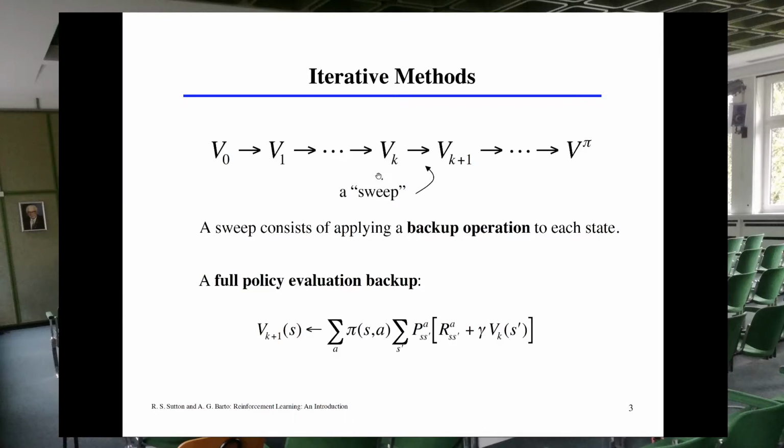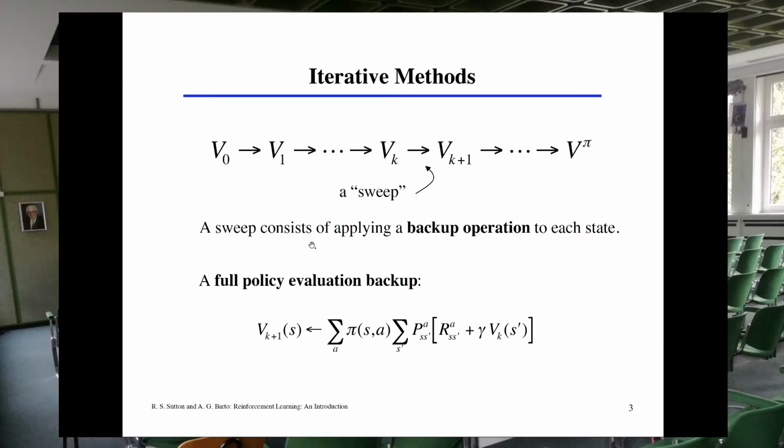So to go from the value function k to a value function k plus 1 in an MDP that, for example, suppose that your MDP has 20 states, you need to update the values of your 20 states, and once you have done that, you have generated the value function in the next iteration k plus 1.